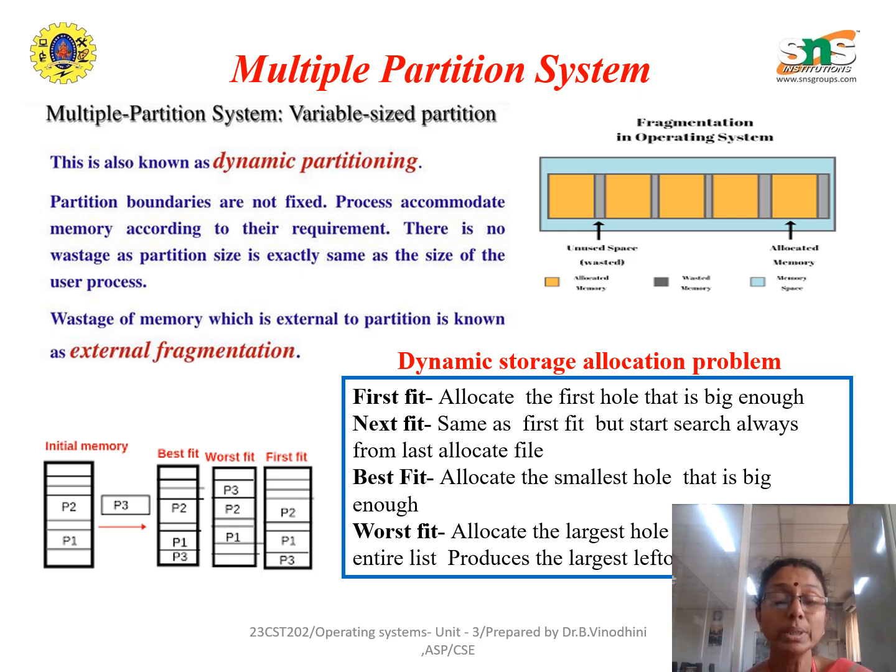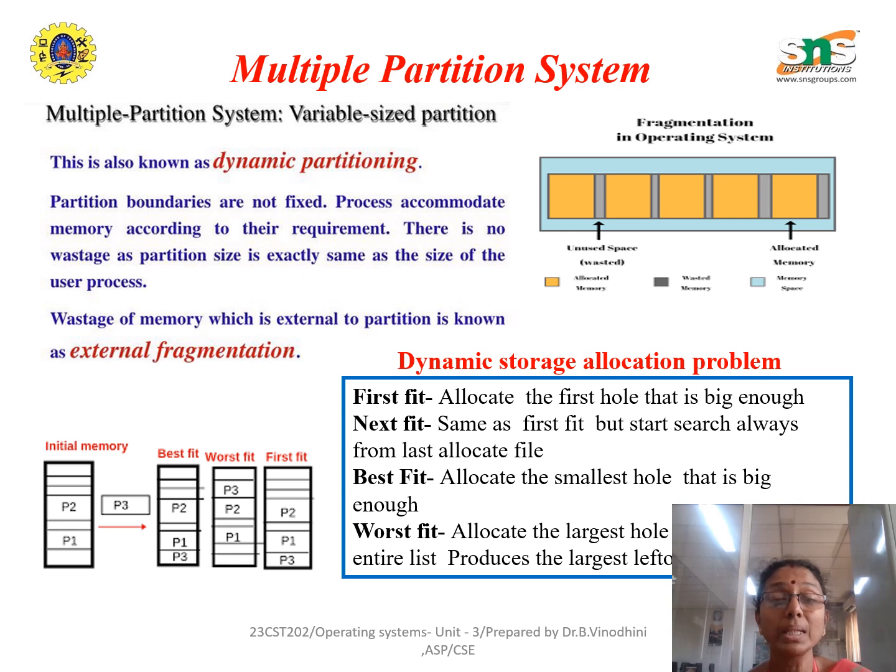So we search the whole physical memory and find the smallest hole for the corresponding process size. In worst fit, we allocate the largest hole: we search the entire list, find the largest hole, and allocate the process in that space. That is the worst fit algorithm.